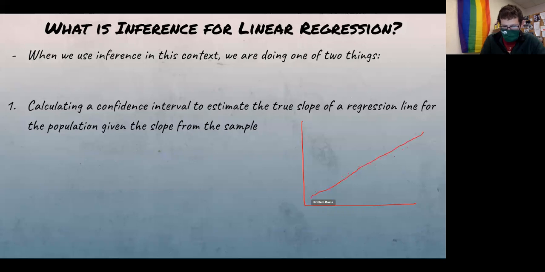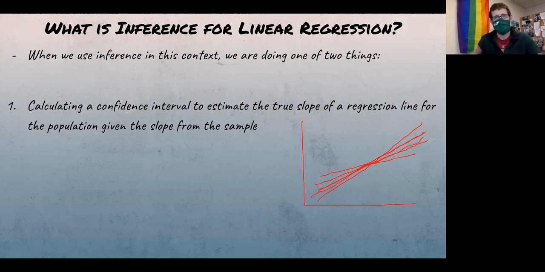So my first one might have looked like this, the second one like this, and I took another sample, it might be right here. So what is the true population slope? Because I could get a lot of different slopes based on the sample. So the confidence interval is basically saying, what is the estimate of the true population slope if we had all the information?